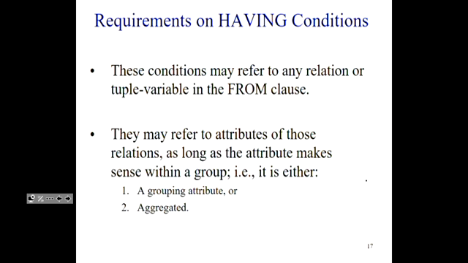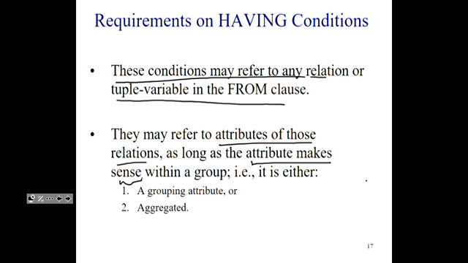Okay. So the requirements for the having clause are similar to the requirements for the select clause following a grouping. Basically these conditions may refer to any relation or tuple variable in the from clause, and within that they may refer to attributes of those relations as long as those attributes make sense within a group.